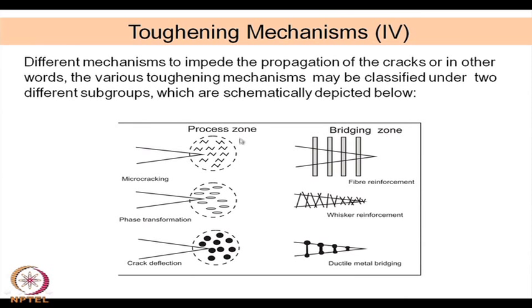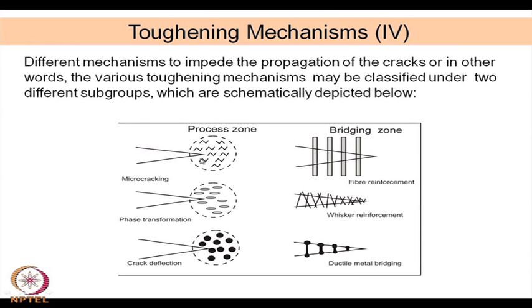You can have micro cracking, phase transformation and crack deflection. This we have not discussed, but if ahead of the crack tip you have very fine micro cracks, okay, somehow because of the stress concentration there, because of the material characteristics, this crack is much larger compared to these cracks.